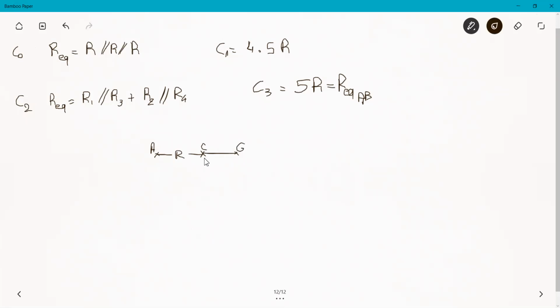I have just a wire. Then I go to E here. Between here, 4R. I have another 4R here.